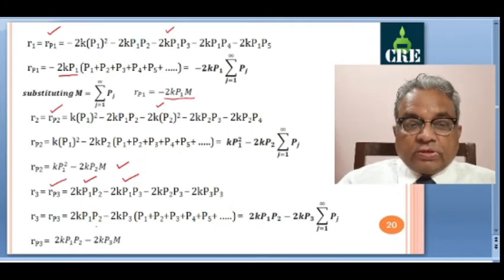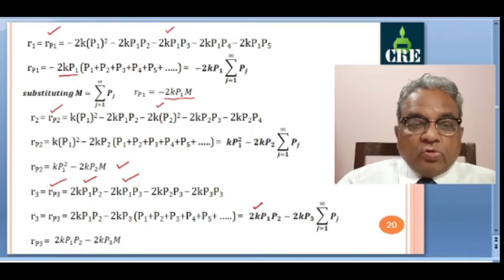So this can be written as first term as it is 2k P1 P2, then 2k P3 is common, and this bracket is represented as summation of Pj, j is equal to 1 to infinity, and this is nothing but m. So rate of formation of P3 we can write as 2k P1 P2 minus 2k P3 into m.